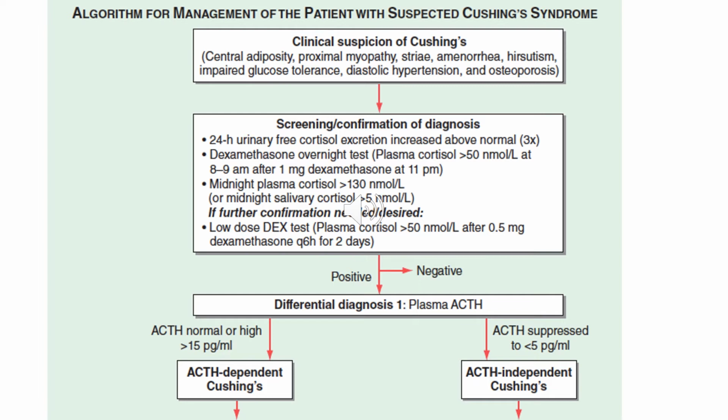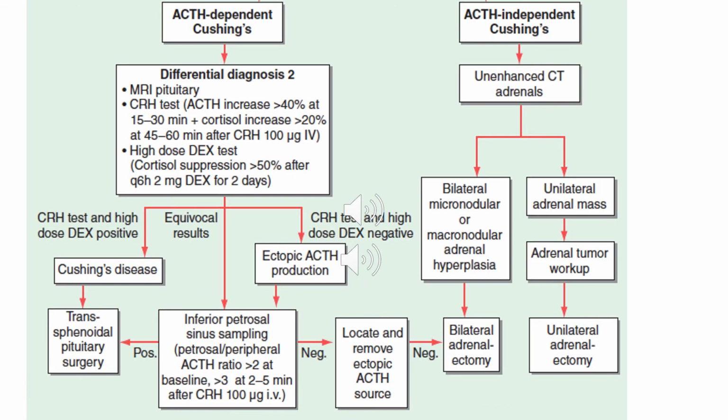However, if ACTH is suppressed to a value of less than 5 picograms per ml, then we suspect a case of ACTH-independent Cushing syndrome. I have mentioned that most of these patients will harbor an adrenocortical adenoma.